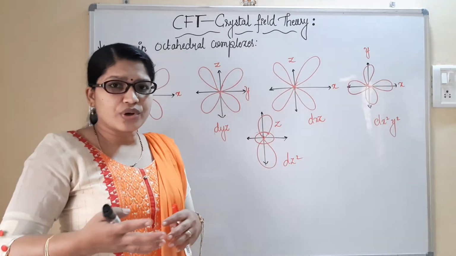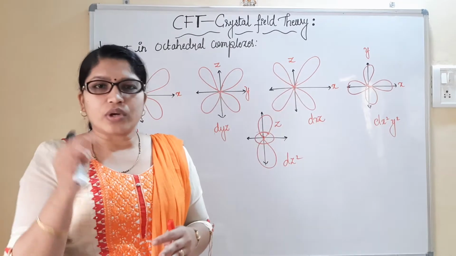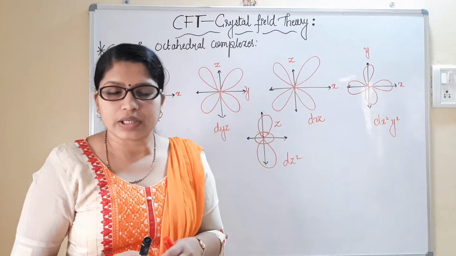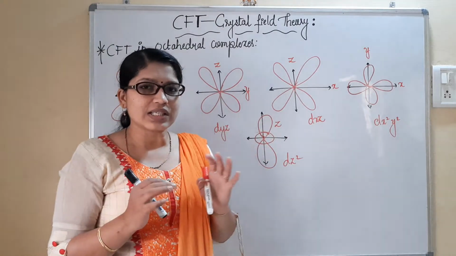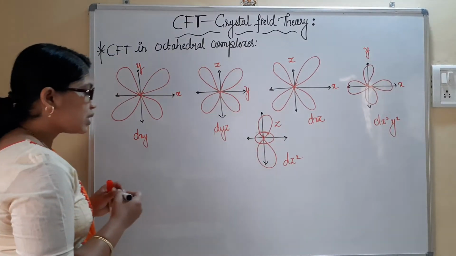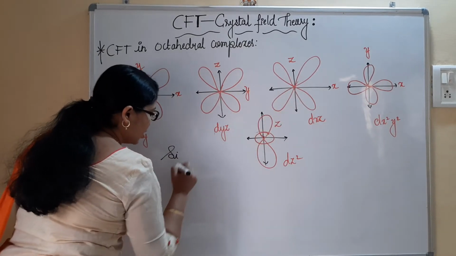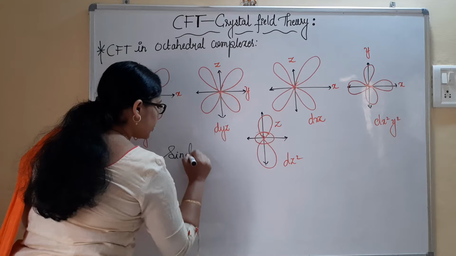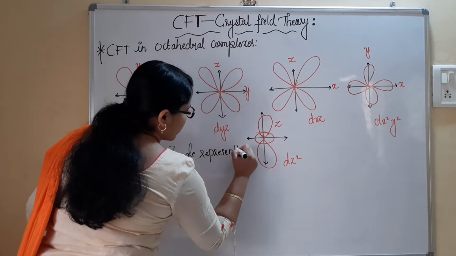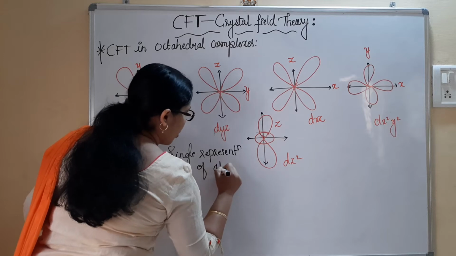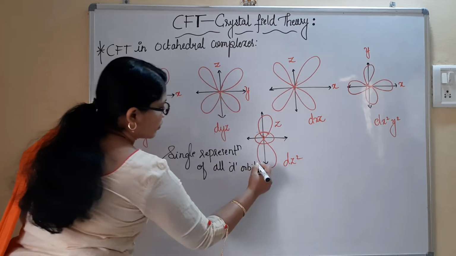I could have told you directly by taking examples, but nothing would stay in your mind. In order to make things still clearer, I am drawing all these things separately. See, how can a single representation of all d orbitals be done? We'll see.